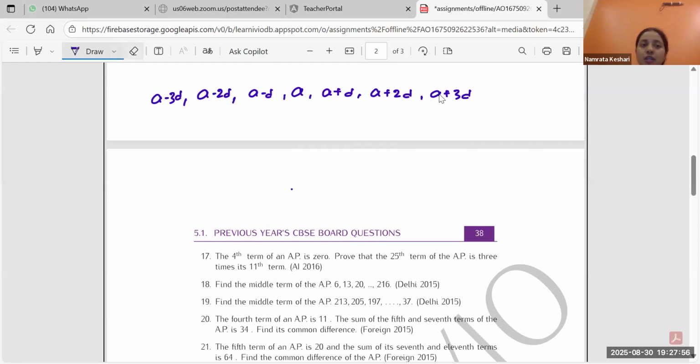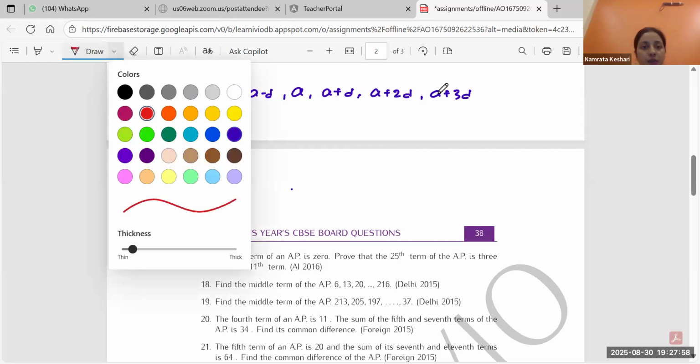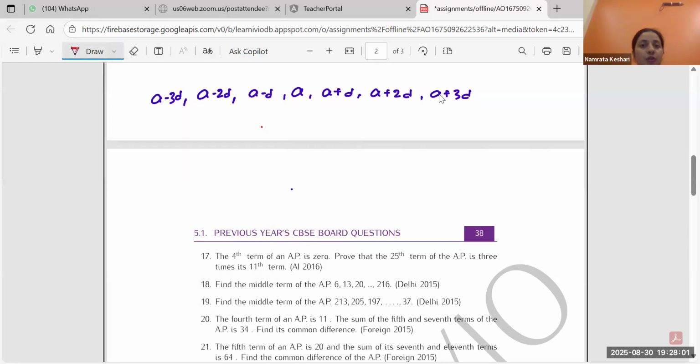If the question says that 3 terms are in AP and the sum of the terms is this, product of the terms is this, then you need to take the consideration of these 3 terms.